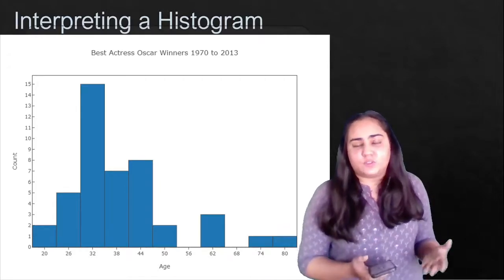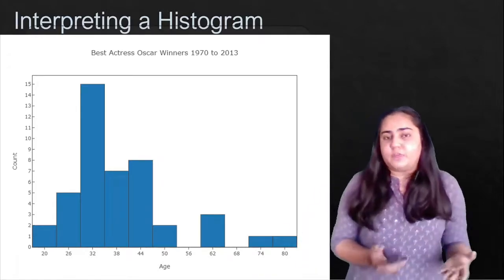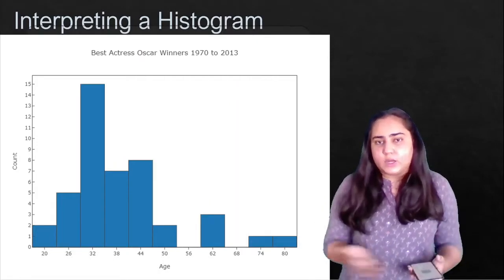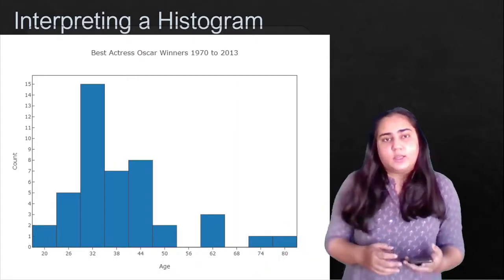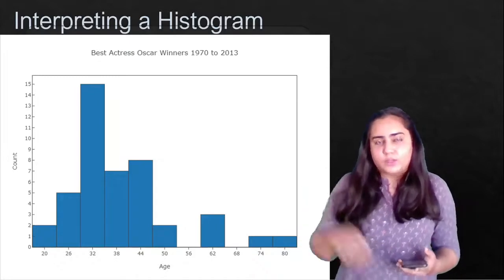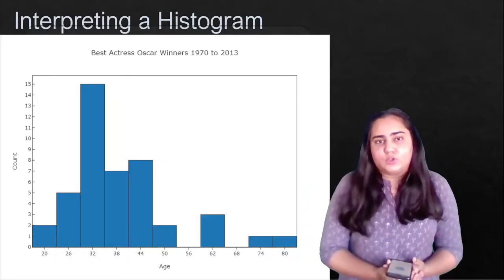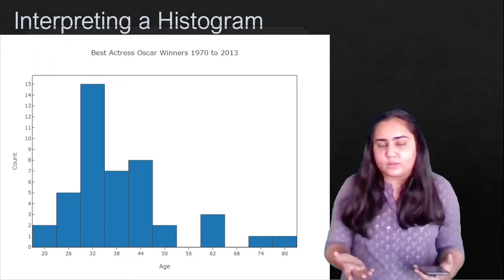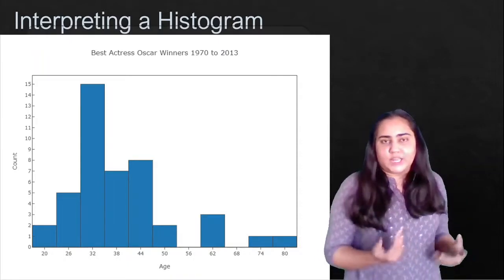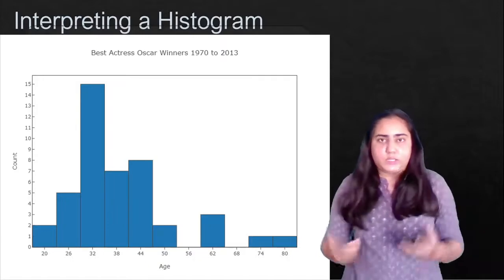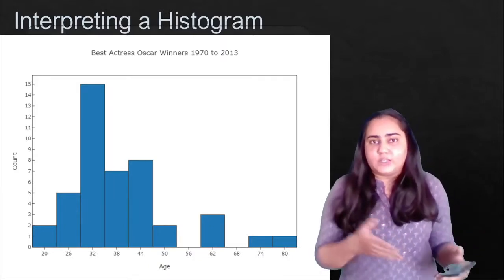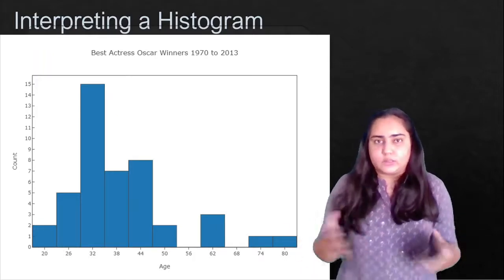Their ages are given on the x-axis, and the count is given on the y-axis. So you would have, say, a range of actresses aged between 20 to 30, and how many of those actresses got an Oscar from 1970 to 2013? So this is the data.